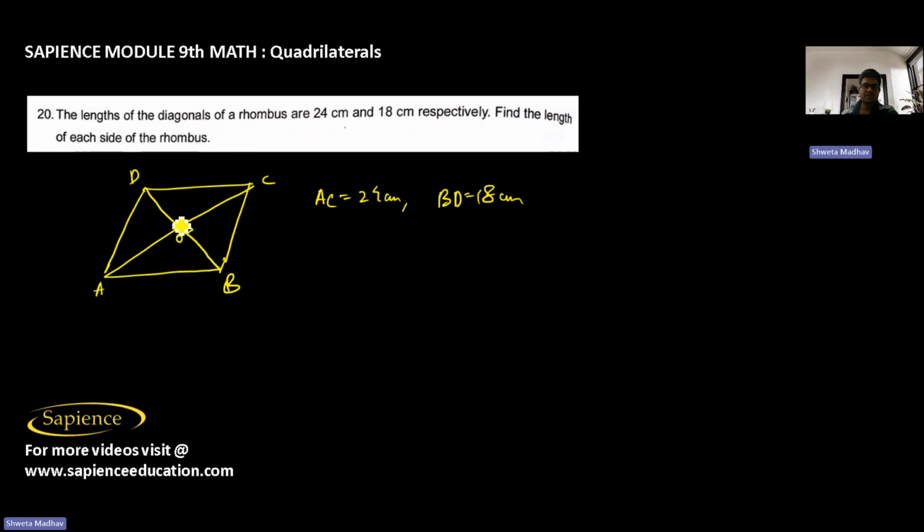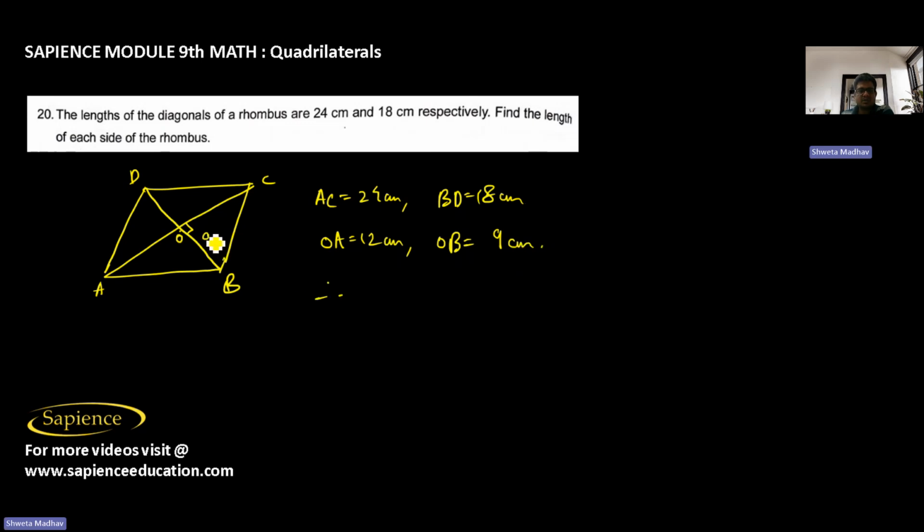Since AC is 24, obviously OA will be 12 centimeter, half of that, and OB equals half of BD, that is 9 centimeter.